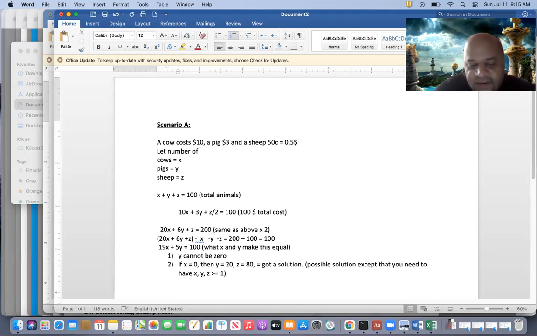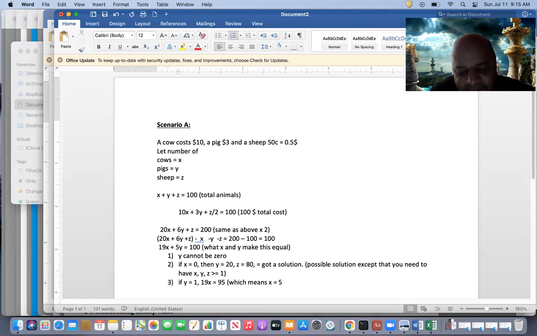That is the condition. So we are not limited to only 0. Y can be 1. So let us see if y is equal to 1. Then 19x plus 5y is equal to 100. Y is 1, so 19x plus 5 is equal to 100. So if y is equal to 1, then 19x is equal to 95, which means x is equal to 5.